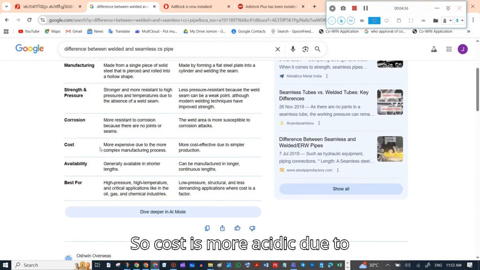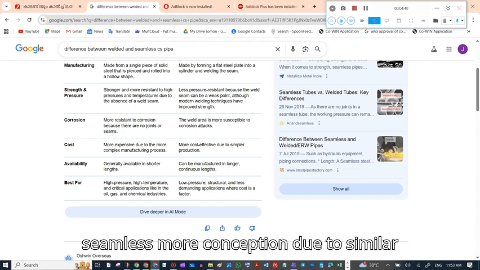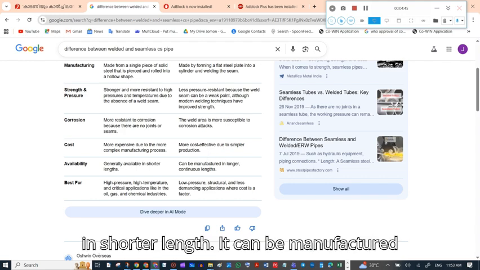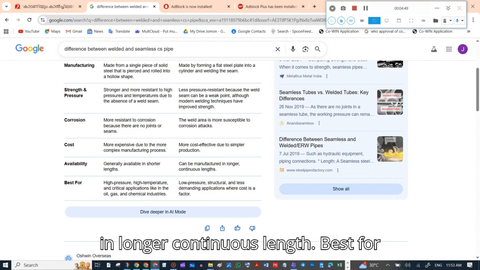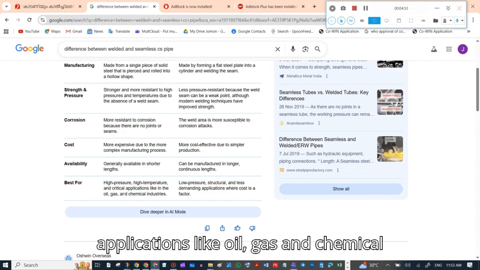Cost: seamless is more expensive due to a complex manufacturing process; welded is more cost effective due to simpler production. Availability: seamless is generally available in shorter lengths; welded can be manufactured in longer continuous lengths. Seamless is best for high pressure, high temperature critical applications like oil, gas and chemical industries.